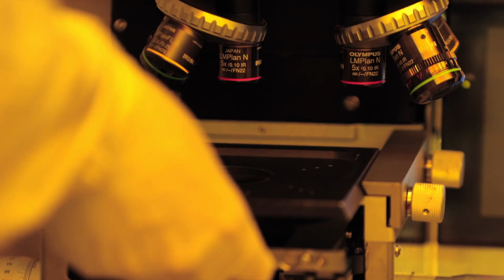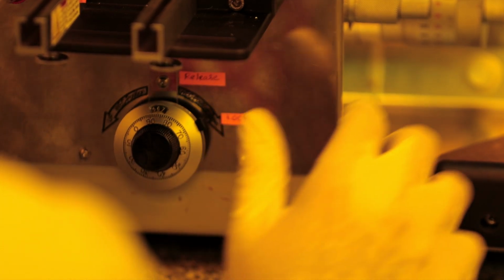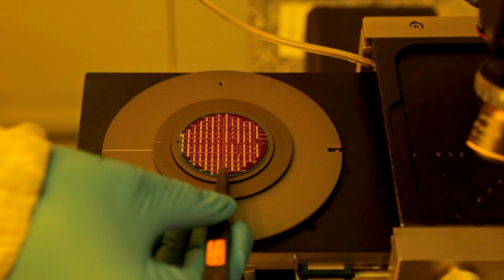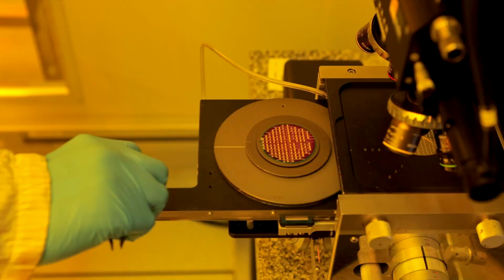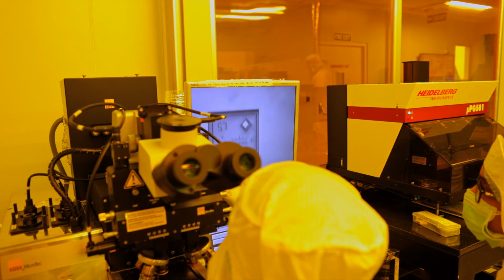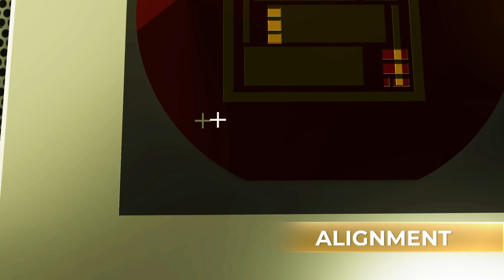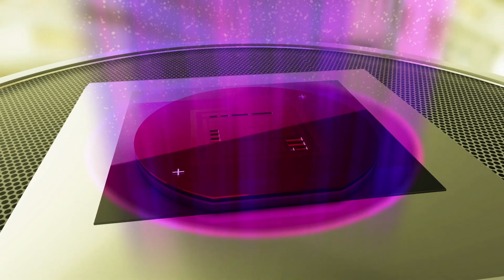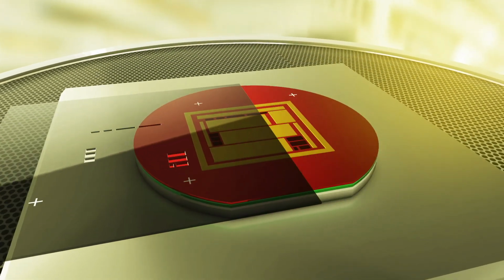Devices require that other patterns be transferred, but with a specific relation to the first one. To do so, the wafer with the first pattern is again coated with PR, and the entire process is repeated but with mask 2. Mask 2 is aligned using features on the surface of the wafer. This is the most critical step, as any misalignment here means that wrong electrical connections will get made.